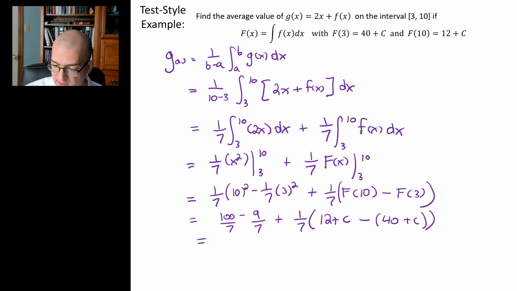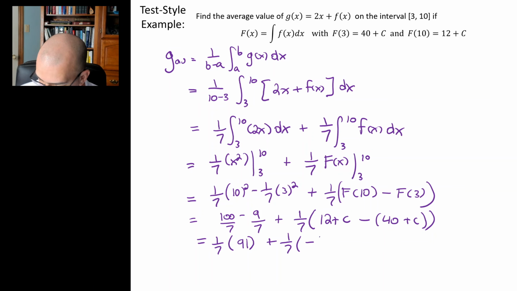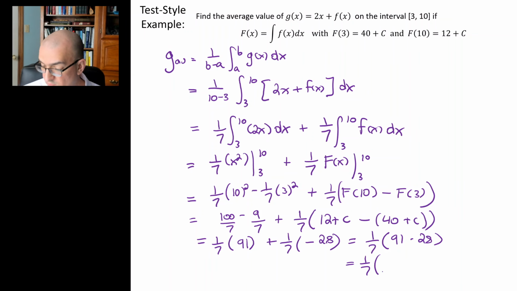And we can simplify. So 1 over 7 of 91 plus 1 over 7. The c's cancel. We get negative, let's see, negative 28. So 1 over 7 times 91 minus 28. 1 over 7, 91 minus 8.